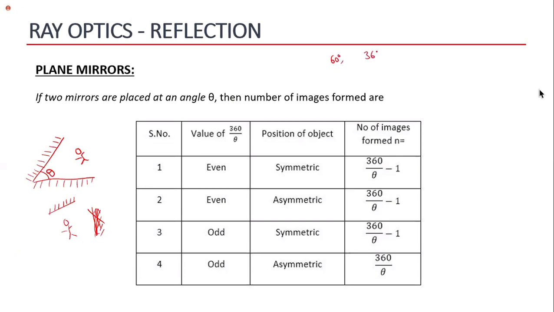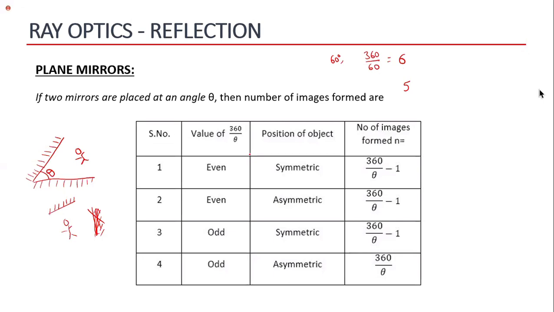So 360 by 60 is how much? 6. Is 6 an even number or an odd number? Even, right? So the number of images formed is 5.